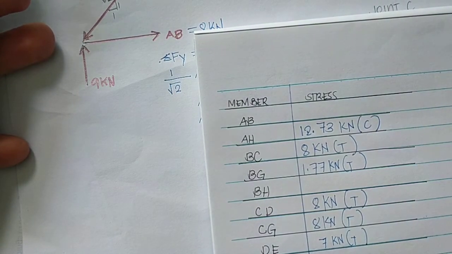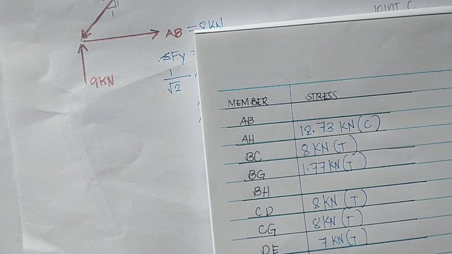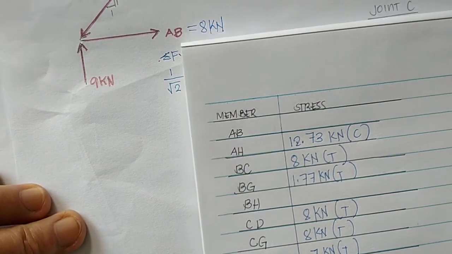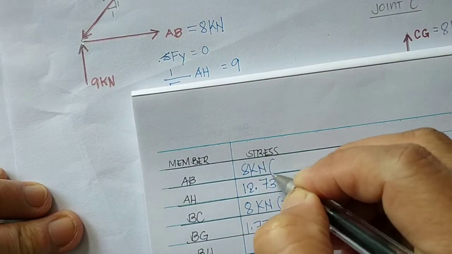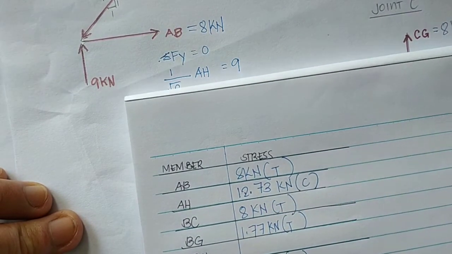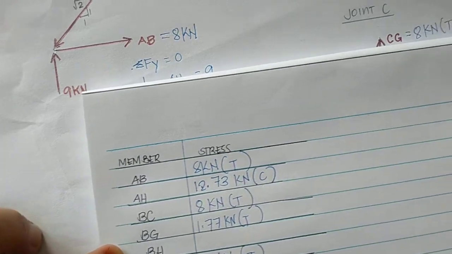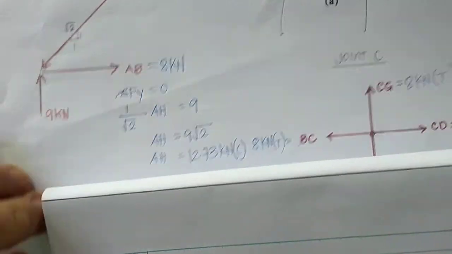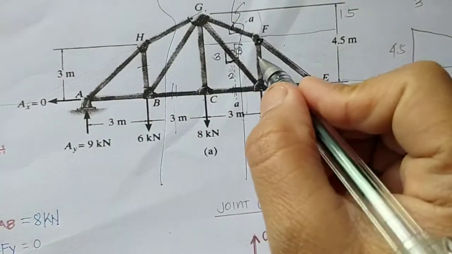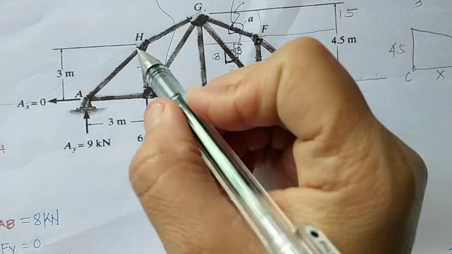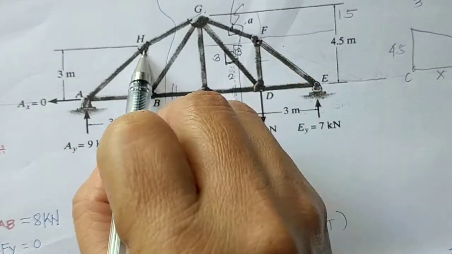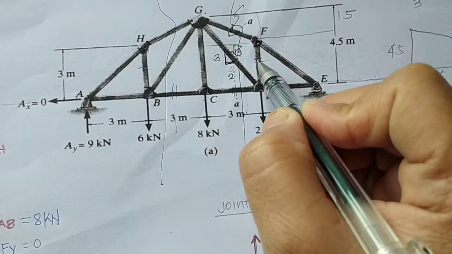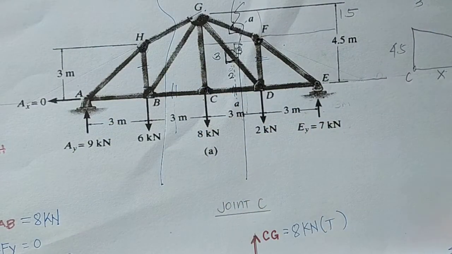So what is left is AB, which is also 8 kilonewton tension. What is left is BH. So this vertical member and this vertical member, by joint through H and F, we can get the value of the vertical member.